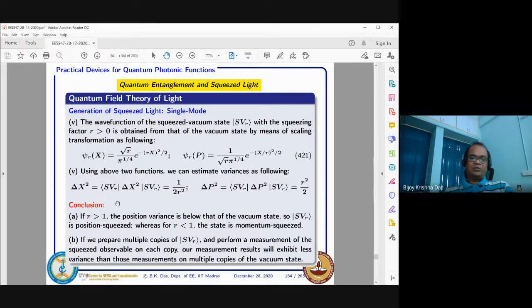So R greater than 1 and R less than 1, those are the two things we have to consider, but it is positive. So R equal to 1 we are not considering. Either R greater than 1 or R less than 1. The two different types of squeezing will be there: position squeezing as well as momentum squeezing. Okay, I'll stop here.